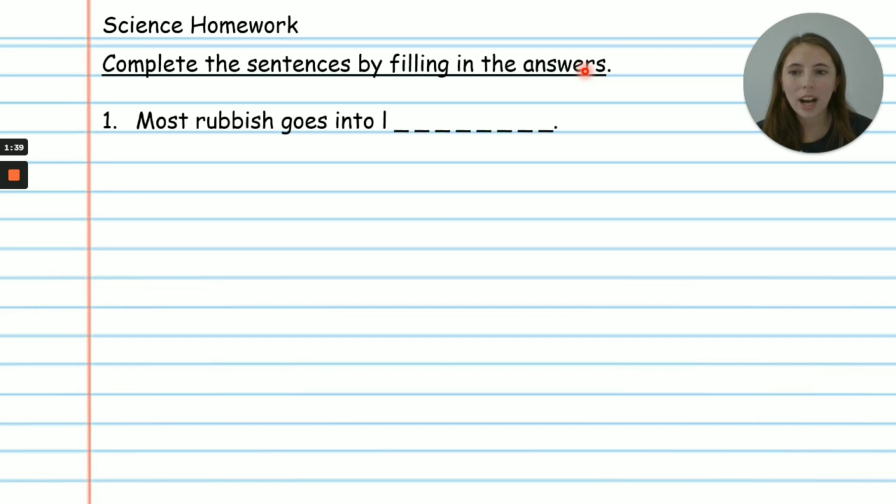So question number 1, we say most rubbish goes into, and then something that starts with an L. So this one has 9 letters inside. So this one starts with an L, and you have to put 9 letters.